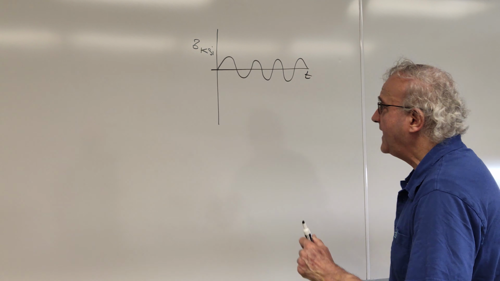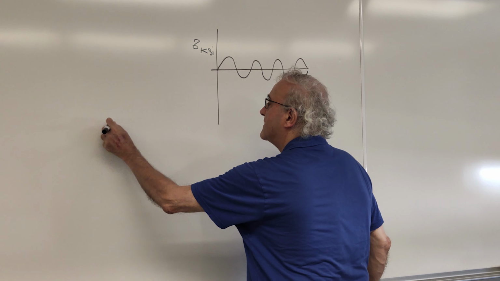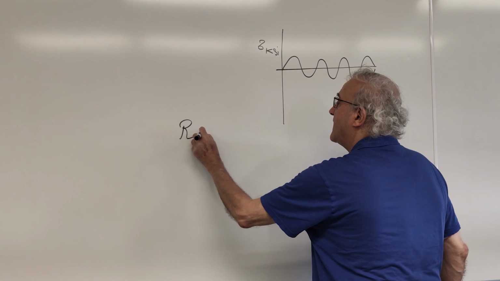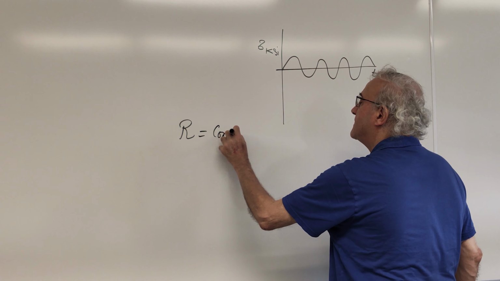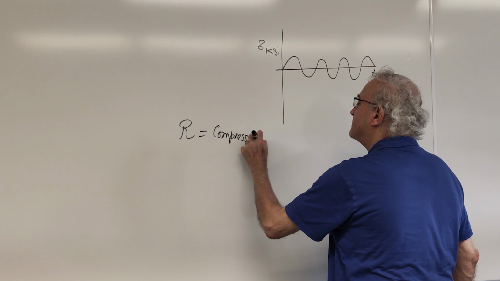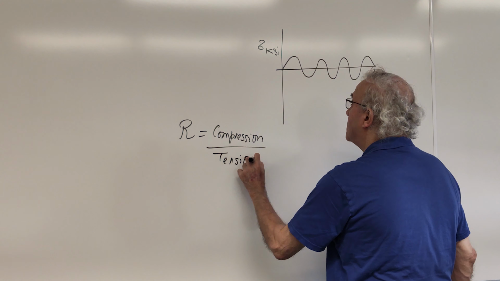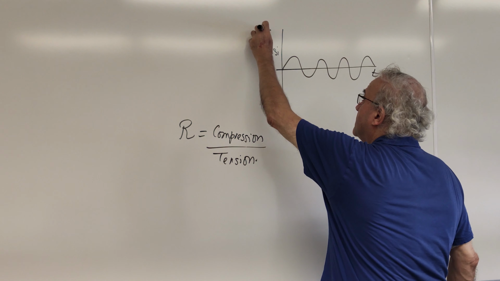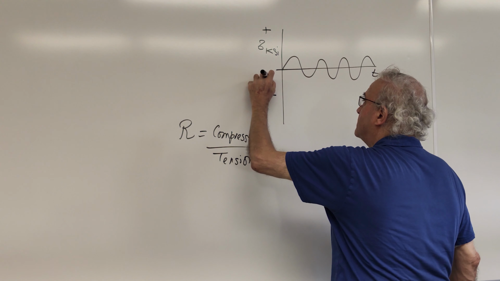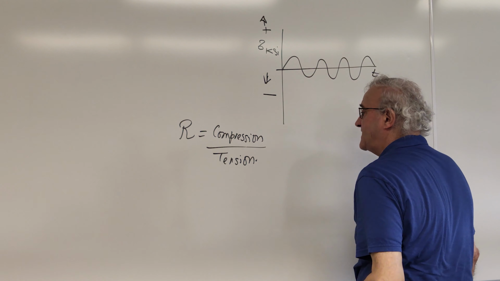stress. And we define the R ratio as compression divided by tension. And we like to put compression with a negative sign and the tension with a positive sign.